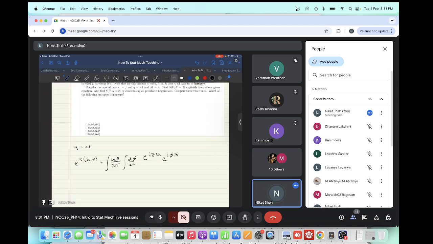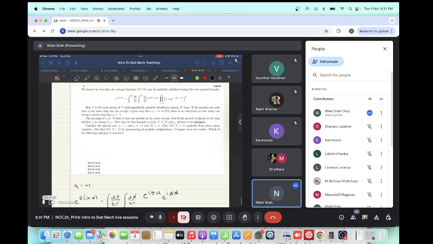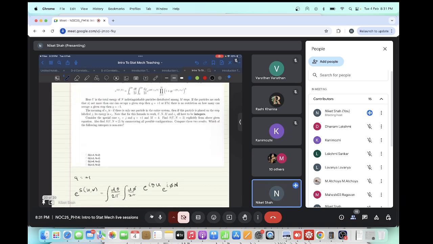N is fixed though. N is going to be a very specific number. And this product is going to contain four terms, j equal to 1, 2, 3, and 4 because M is 4. So we have four steps.